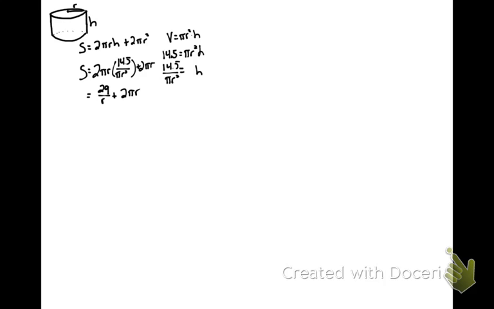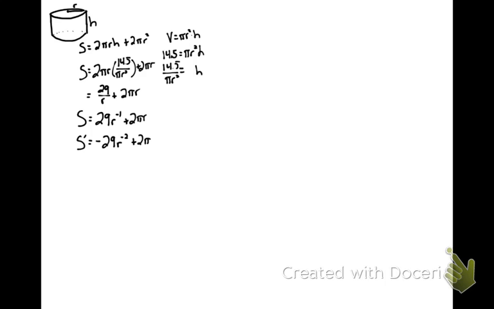Well, the surface area, clean this up just a bit, will be 29r to the negative 1 plus 2 pi r squared. And we'd like to minimize this. I'm going to take the derivative with respect to r: negative 29 r to the negative 2 plus 4 pi r.